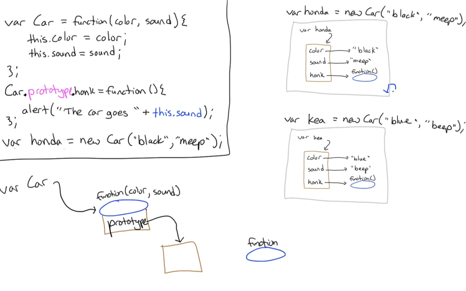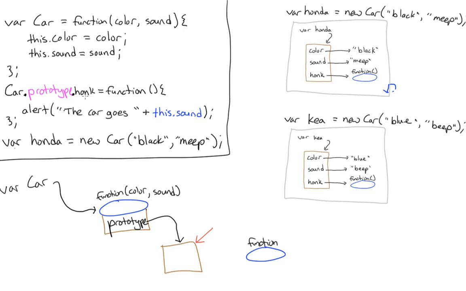Next, we have prototype. Dot prototype means to look for a property called prototype. It finds it, follows the arrow, and it knows that this object is the value of car.prototype. So now we are here.